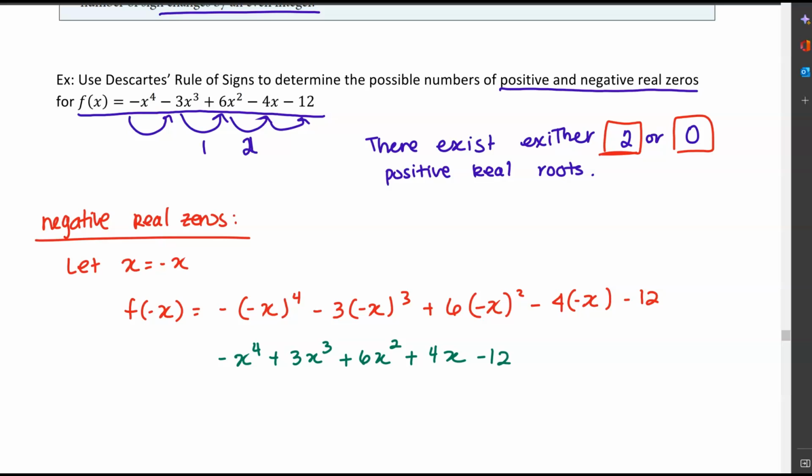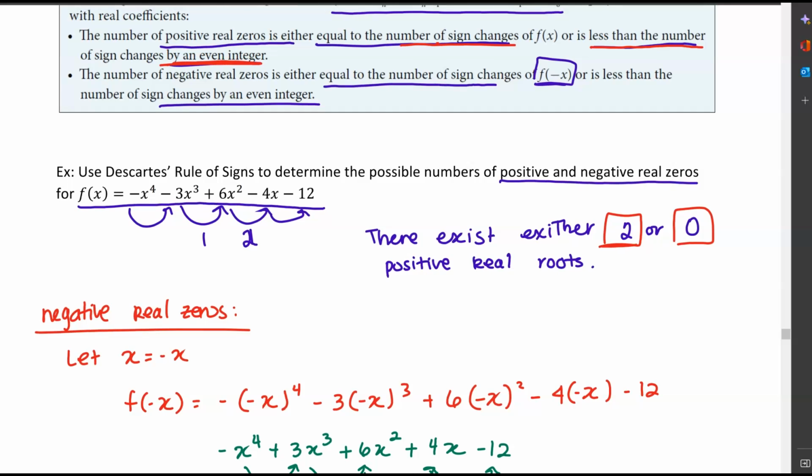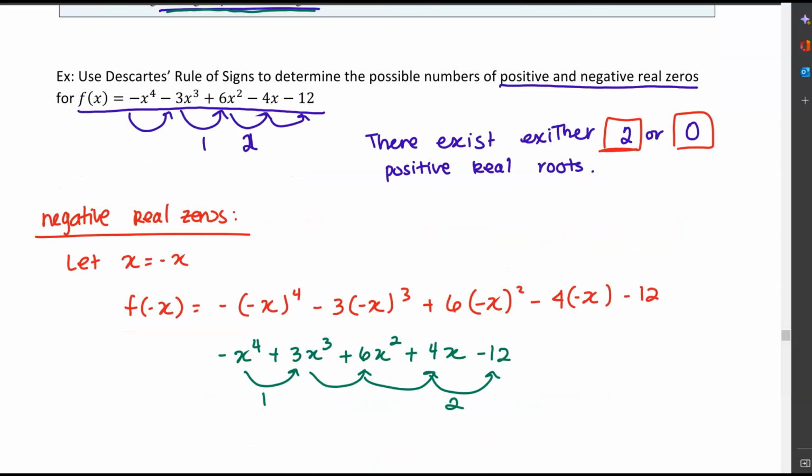So let's take a look at the sign changes. From here to here, this is one sign change, no sign change, no sign change, but from positive to negative, we get another sign change, so we have 2. Coming back over here, the negative real zeros is either equal to the number of sign changes or is less than the number of sign changes by an even integer.